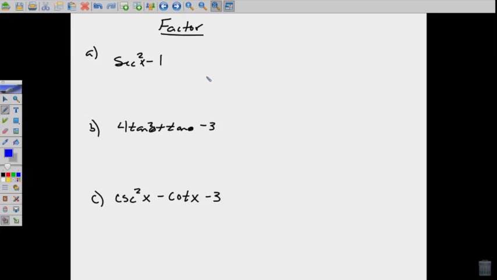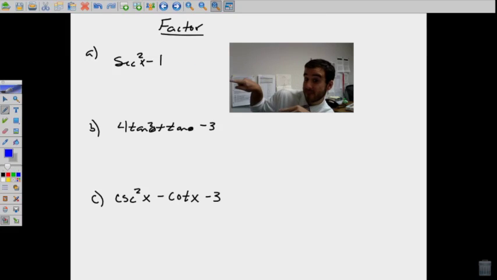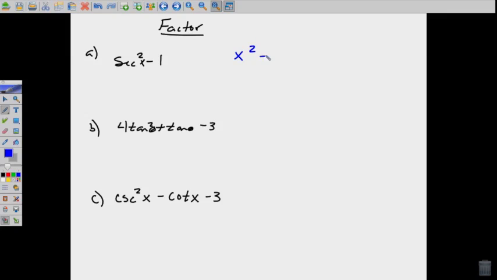Okay, so what I have here for my first one is secant squared of theta, or x, minus 1, which, if you can remember some of the special cases of factoring, this is the difference of two squares that we're really looking at here. It's almost the same thing as x squared minus 1.